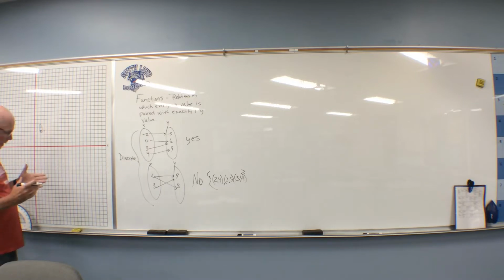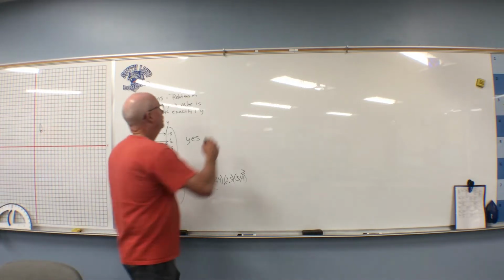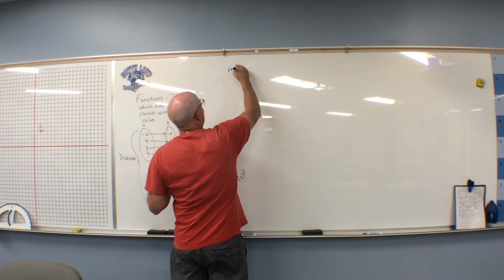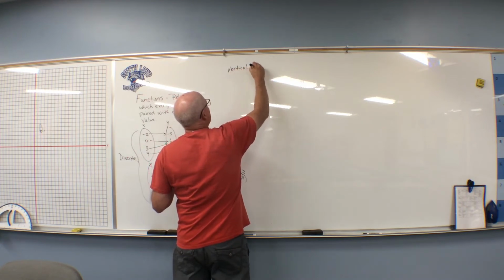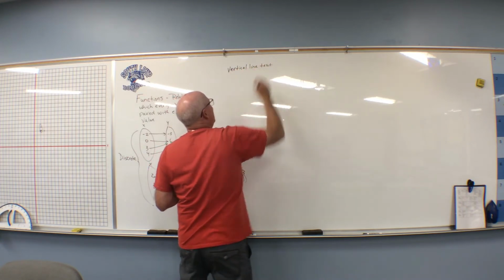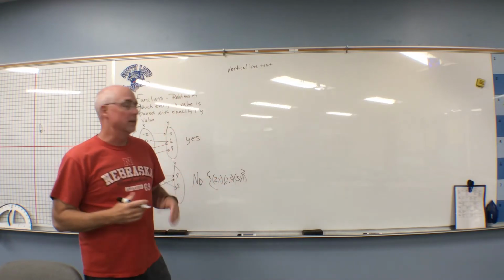In any type of graph, we have what we call the vertical line test. And it's kind of misleading because it actually tests for what it isn't.